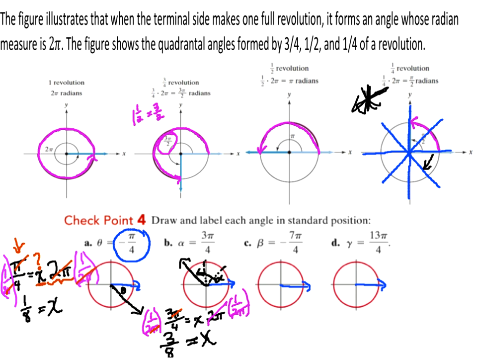All right, so angle beta is the next one. Once again, you don't need the negative except for when you go to draw it. So 7 pi over 4 equals something times 2 pi. And I'm going to multiply by 1 over 2 pi on both sides. And those divide out, of course.